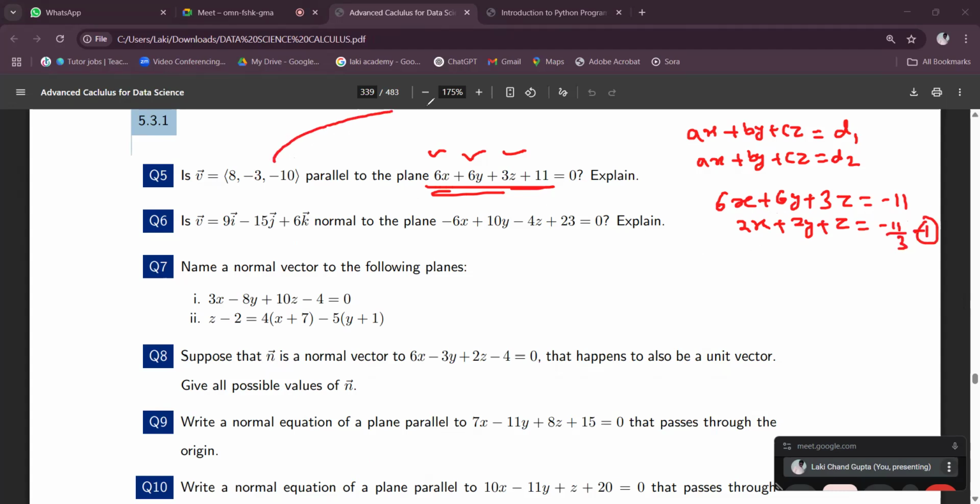And when you put the normal vector here, you will get what? 8x minus 3y minus 10z is equal to minus 11, right? This is not the same. The coefficients are not the same, right? So they are not parallel.